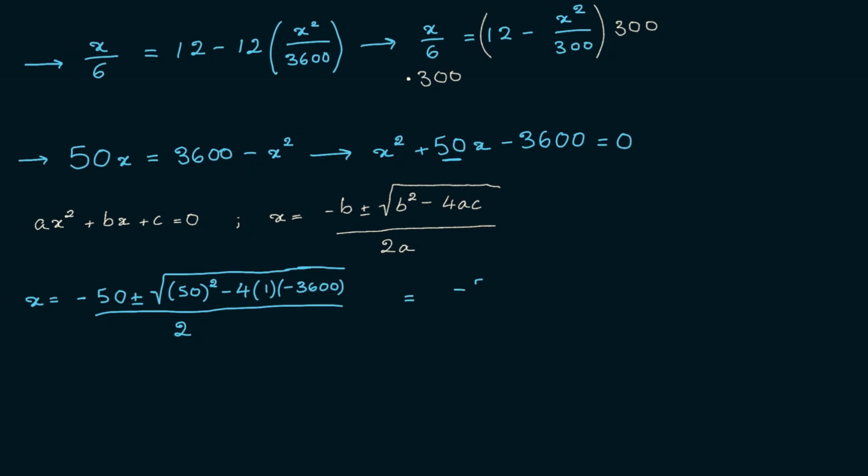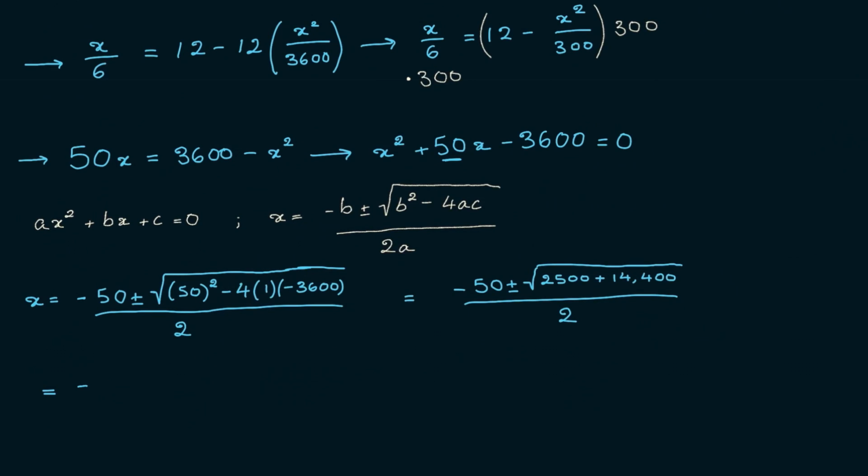Alright, if we simplify this, we get negative 50 plus or minus the square root of 2,500 plus 14,400 all over 2.